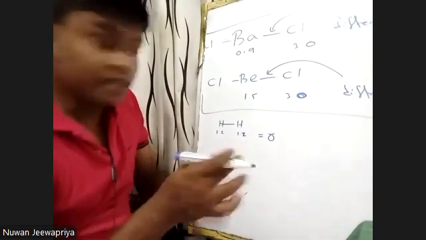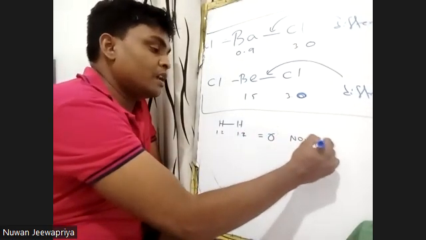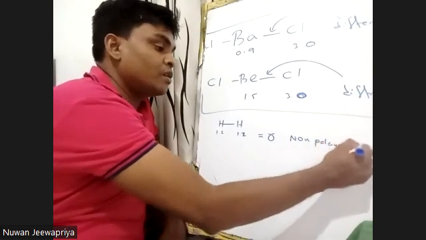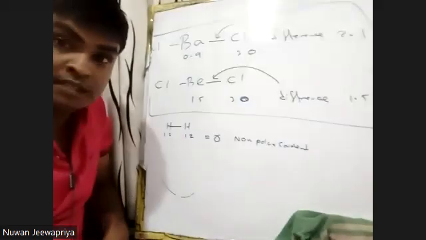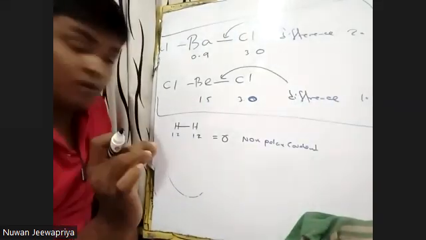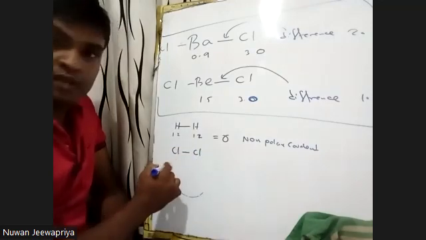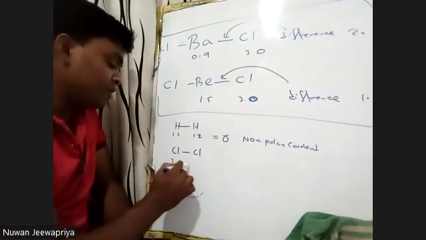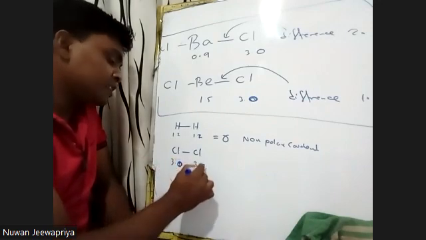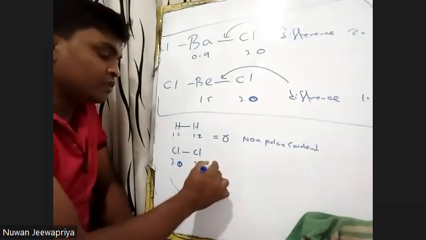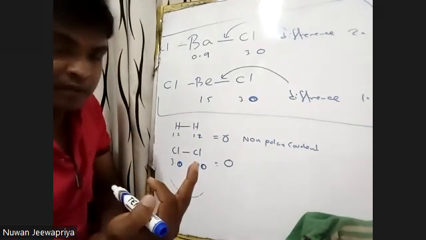So we call it non-polar covalent. For example, chlorine and chlorine. This chlorine is 3.0 and this chlorine also 3.0. The difference also 0. So chlorine is non-polar covalent.